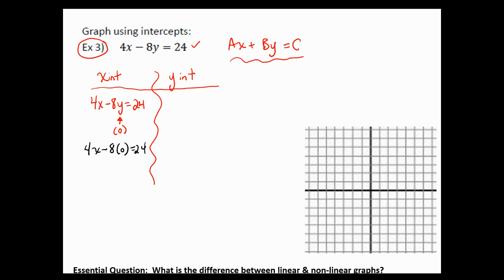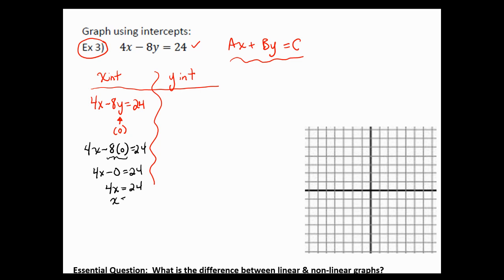And then you just do the math. So right here, what is 8 times 0? Negative 8 times 0 is just 0. So 4x minus 0 is equal to 24. You don't need to do anything with 0. You can just cancel that. So it says 4x equals 24.